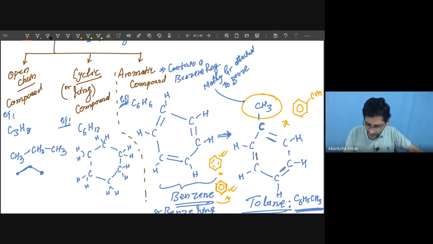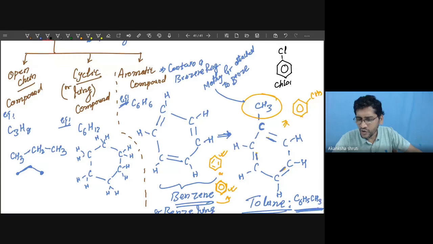Okay, we will learn more about open chain and cyclic compounds. Students, it may be possible that one of the hydrogens is replaced by chlorine, then the structure becomes like this. See, one of the hydrogens is now replaced by chlorine. So this is called chlorobenzene.